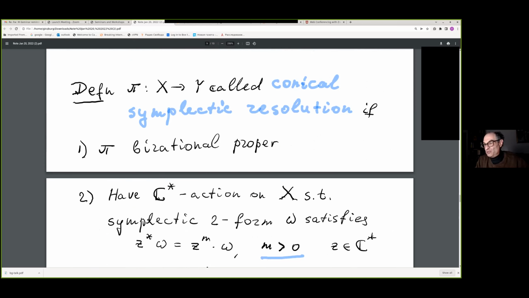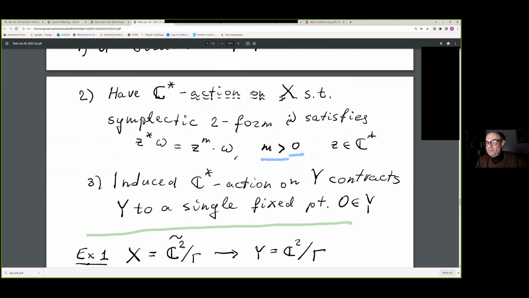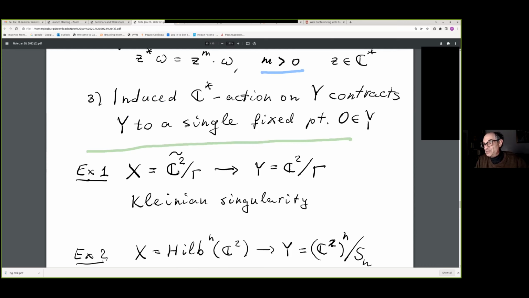Even in the example of Kleinian singularity, the 0 fiber has many components. Each component is a copy of CP1, but they intersect. The number of copies depends on the group gamma. In the case of the Hilbert scheme, there is one component, but it's very singular. And in the case of Nakajima varieties, it's so complicated that there's no way to say what it is.